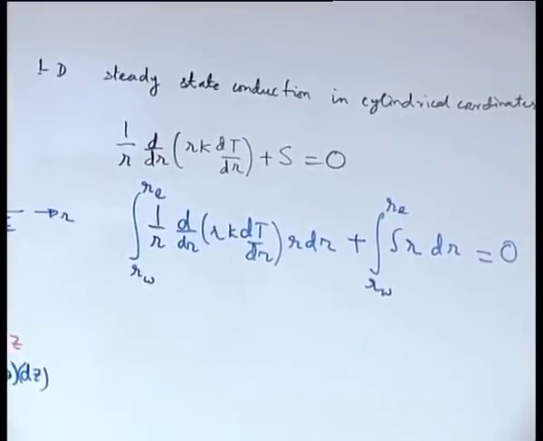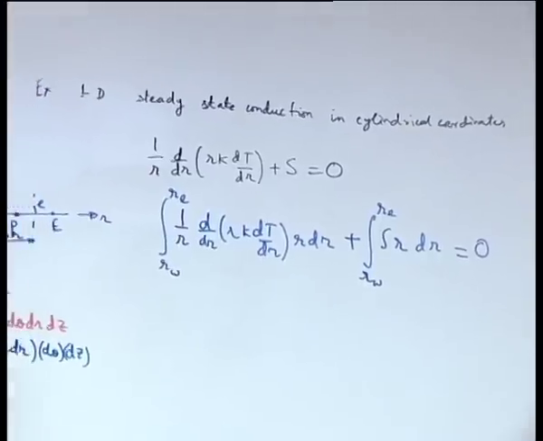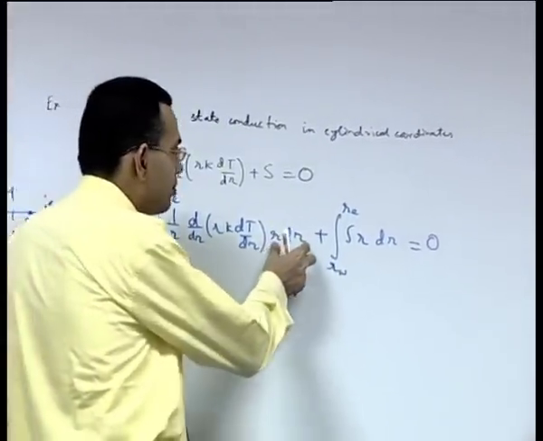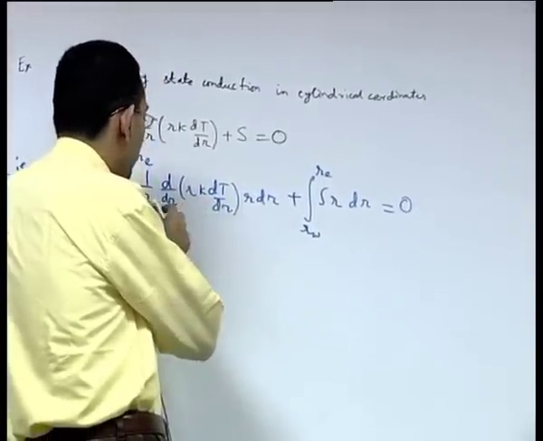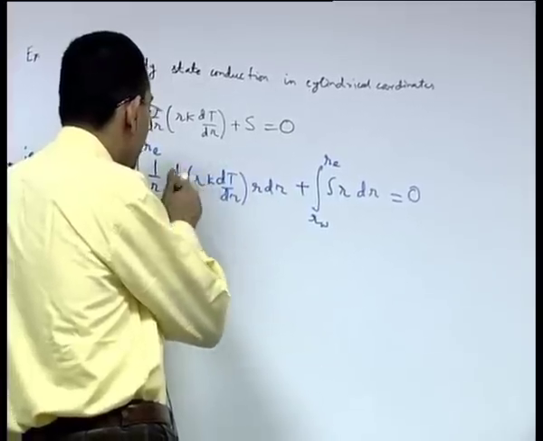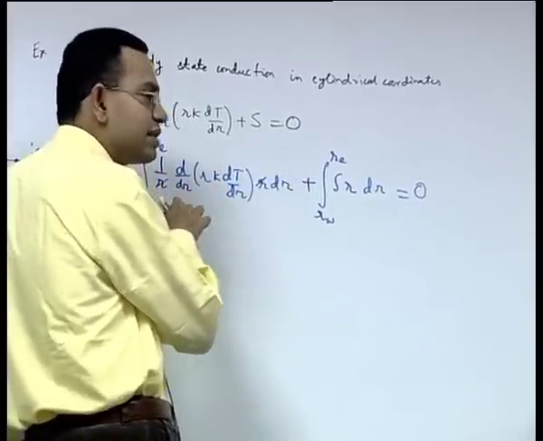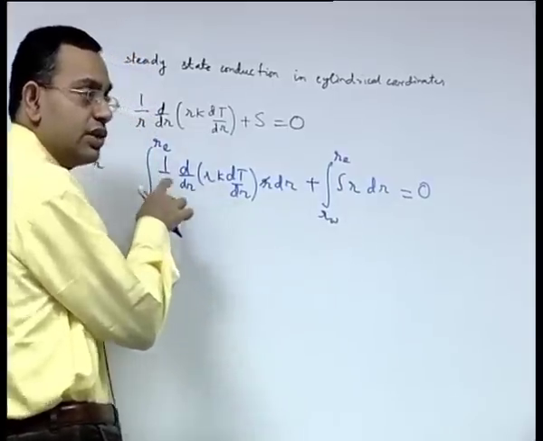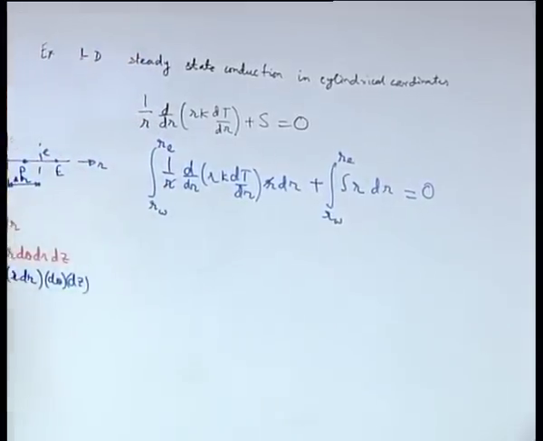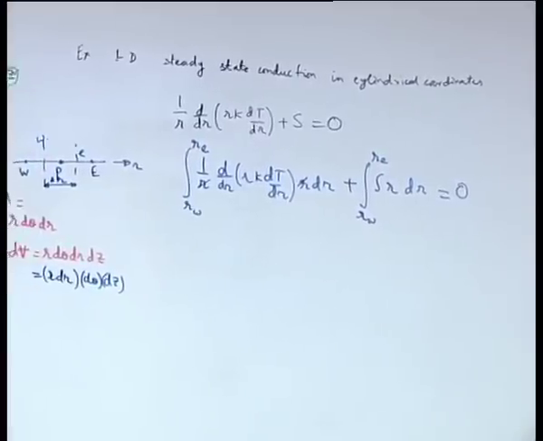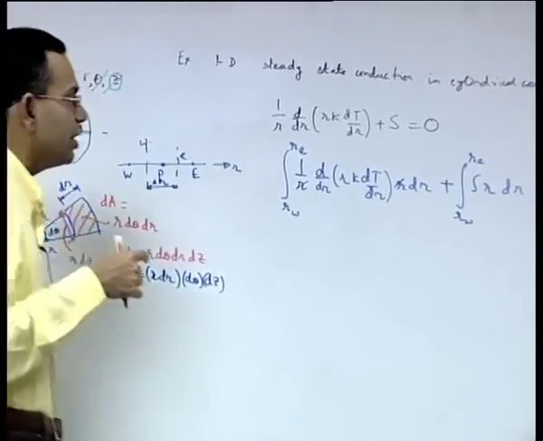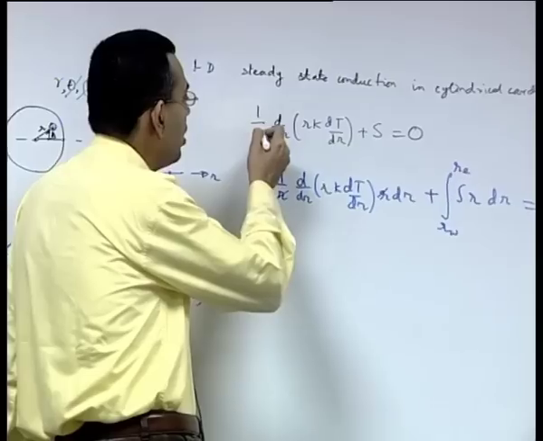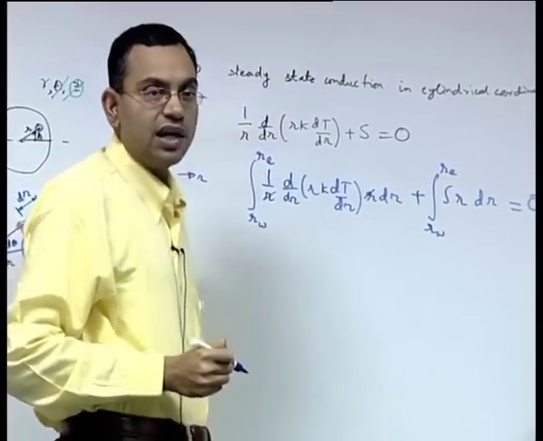What we can see here is a very interesting thing, that because of this multiplication by the r dr term, when we evaluate the integral, this 1 by r singularity of the governing differential equation goes away. This is one of the intrinsic advantages of the discretization using the finite volume method. In any other method you have to bother about what is 1 by r at r equal to 0.